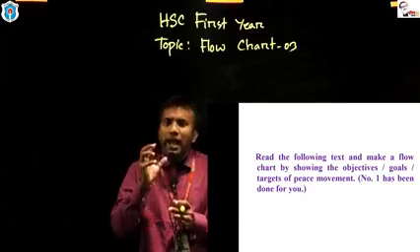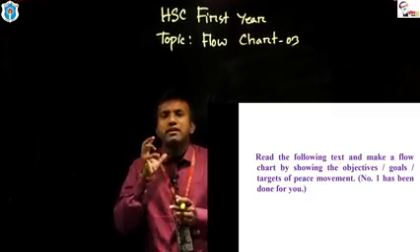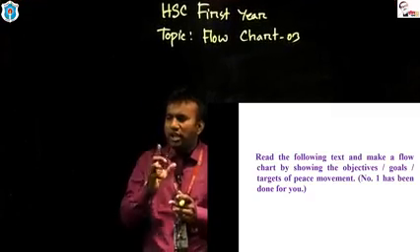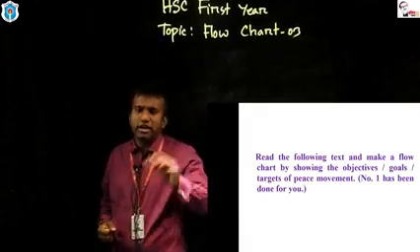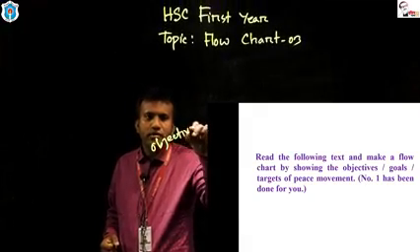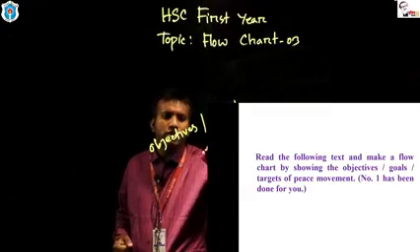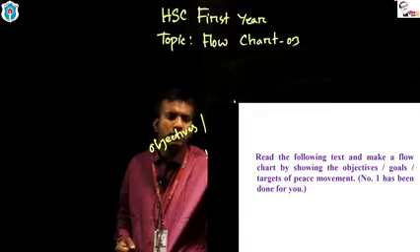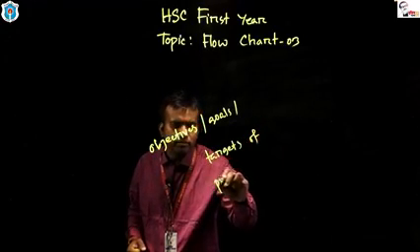Peace movement aims at achieving some goals or targets, or we can say objectives. So our target of flowchart is objectives or goals or targets of peace movement.